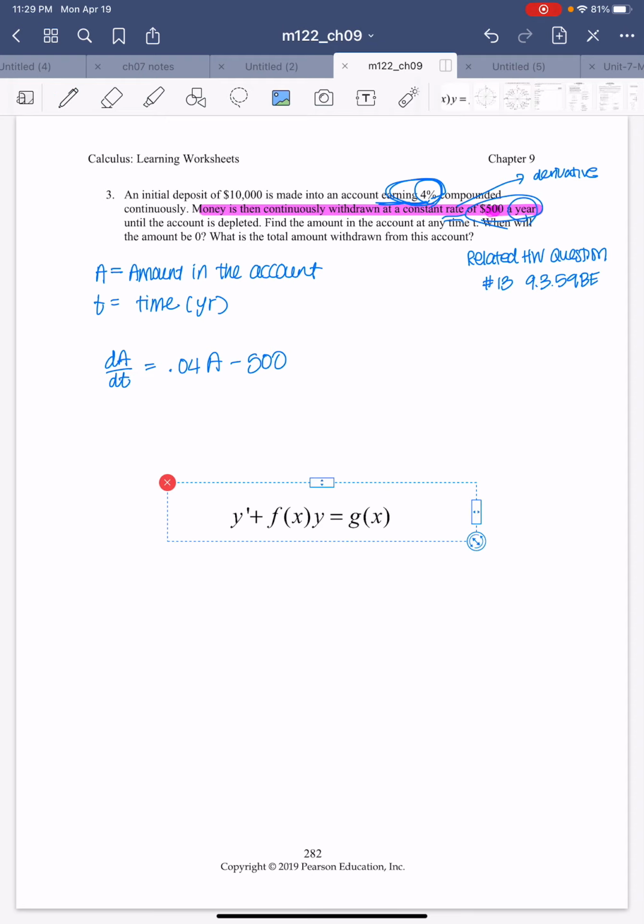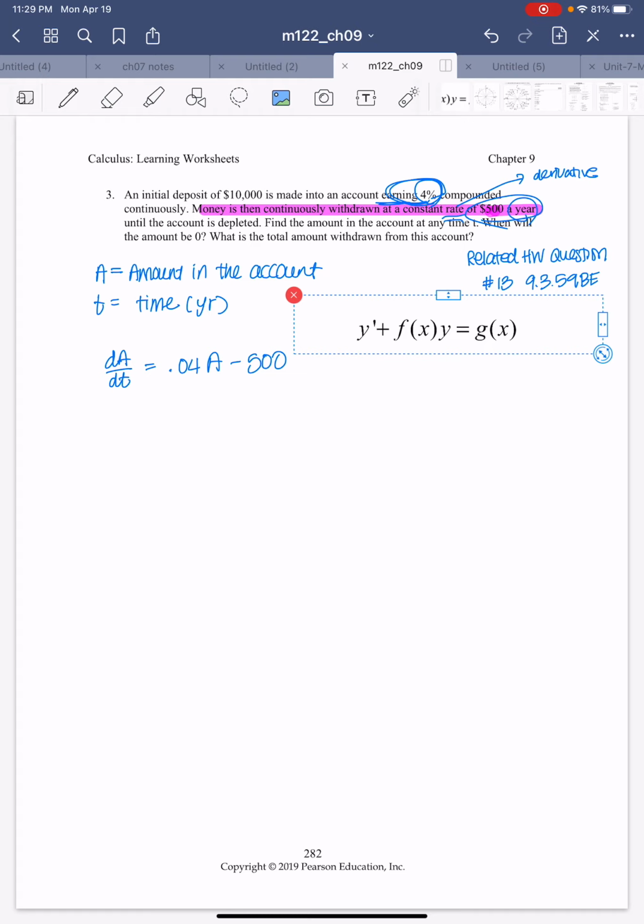Now I'm going to put this one over here so I can write it. So this part is like our derivative function, dy/dx, but we have dA/dt. So let's do arrangement.